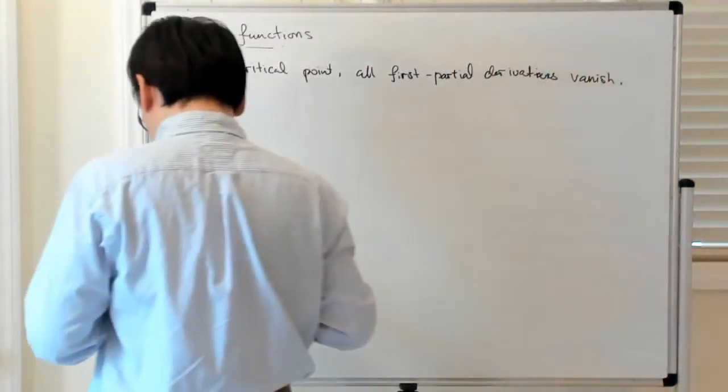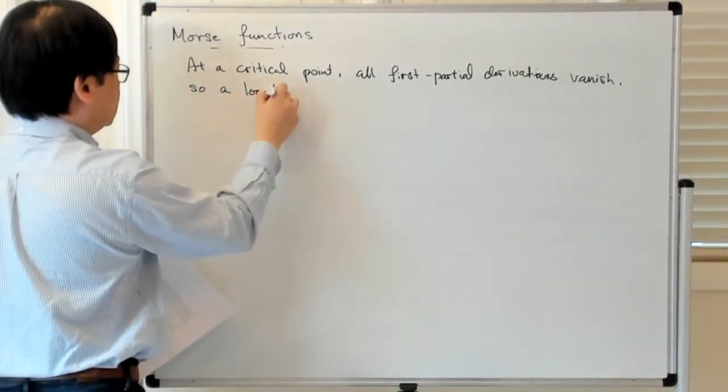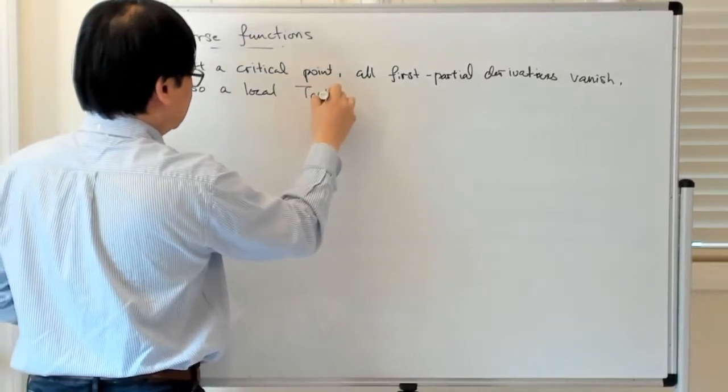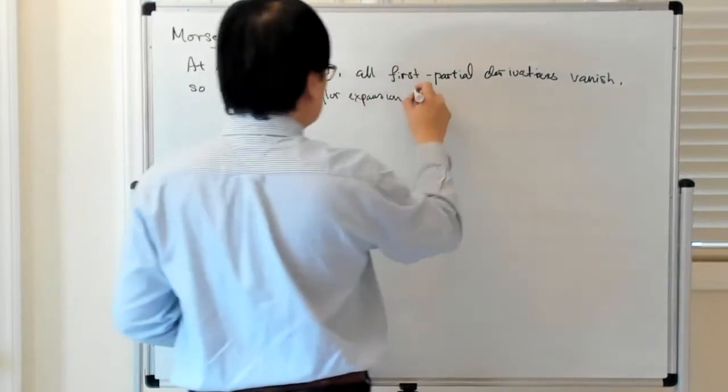Okay, and so a local Taylor expansion has no linear terms.